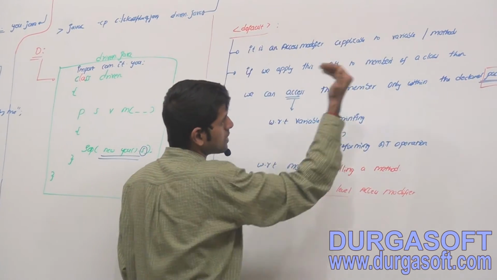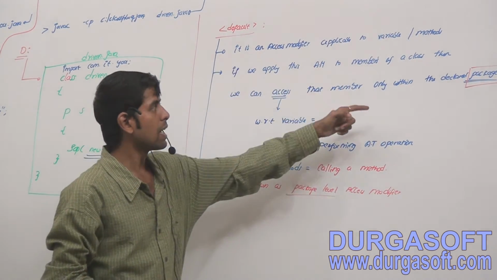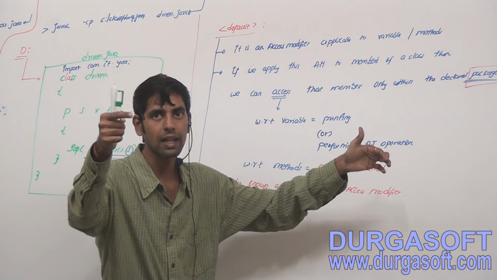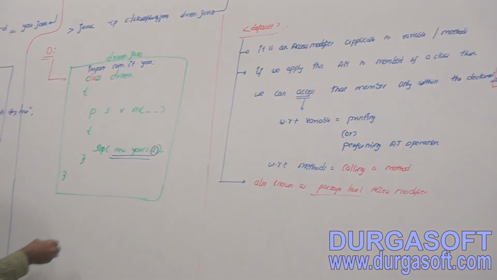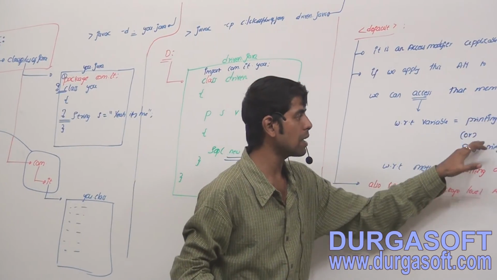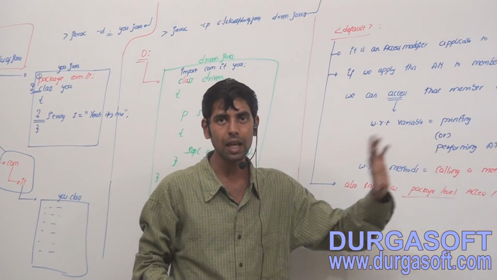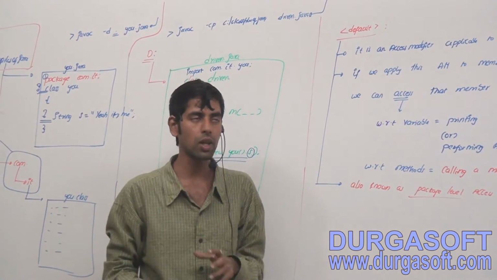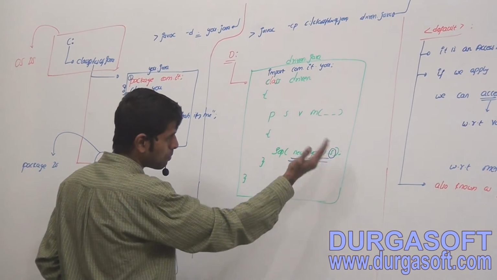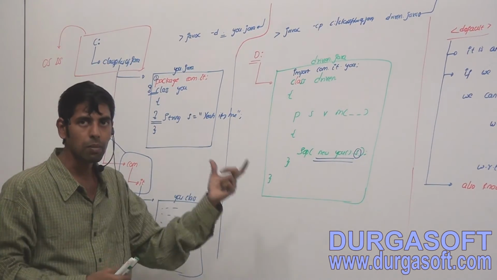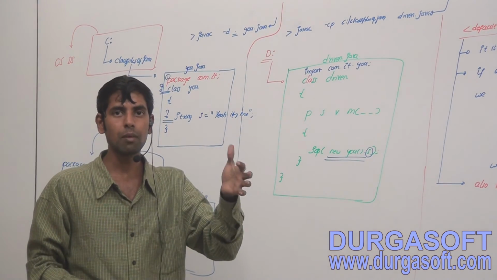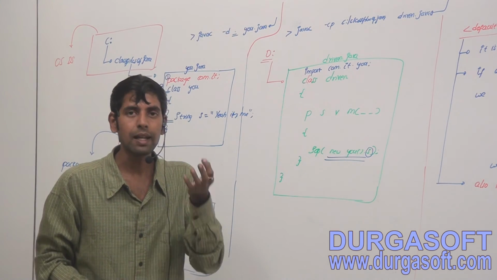If we apply this access modifier to members of a class, then we can access that member only within the declared package. Observe here, I am accessing. Access means, with respect to the variable, it is printing or performing some operations. I have passed that particular variable as an argument to the System.out.println statement.